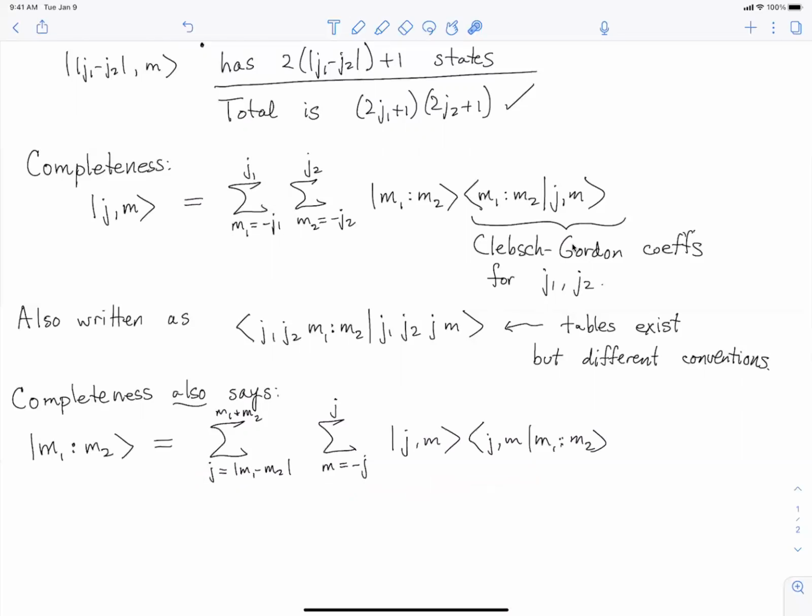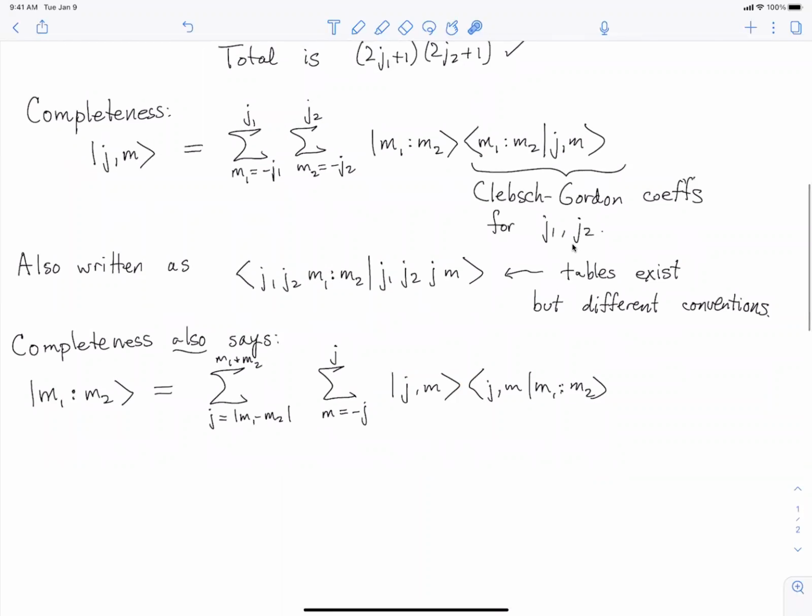Right, so once again, I've just written the identity operator in a fancy way. And as a linear combination of these states, I have these coefficients here. But those are just the complex conjugates of the Clebsch-Gordon coefficients. Except that we can and will choose them real.